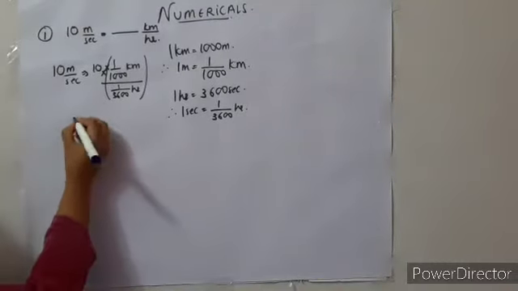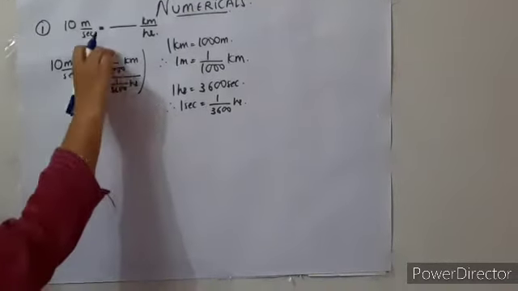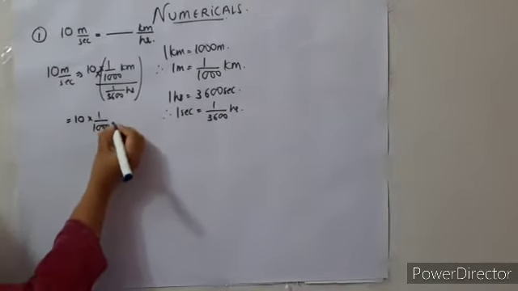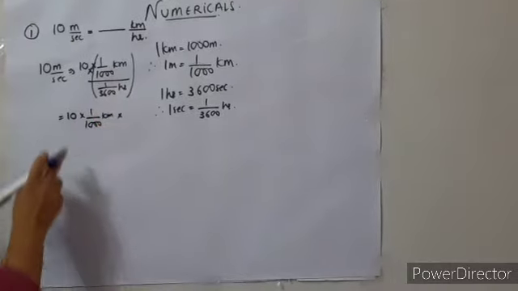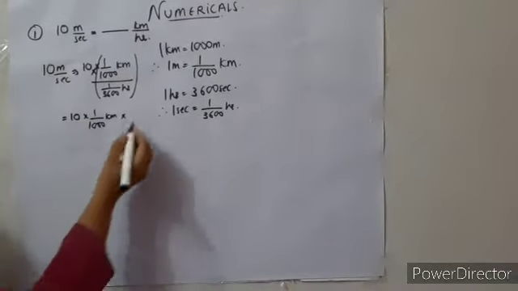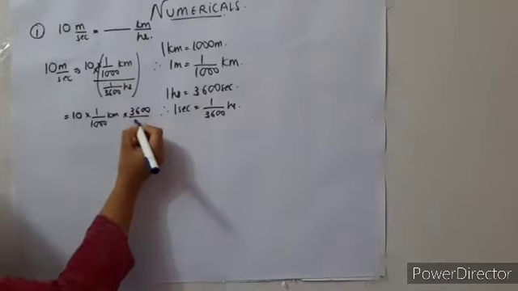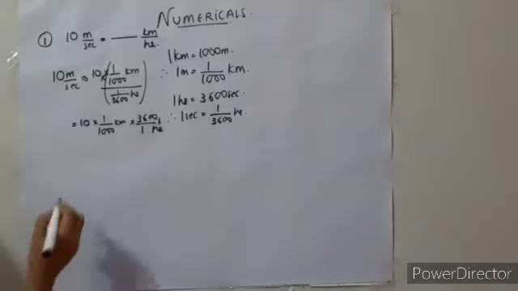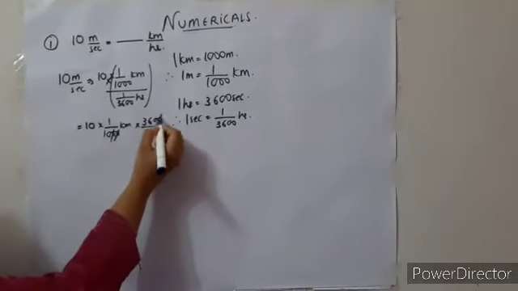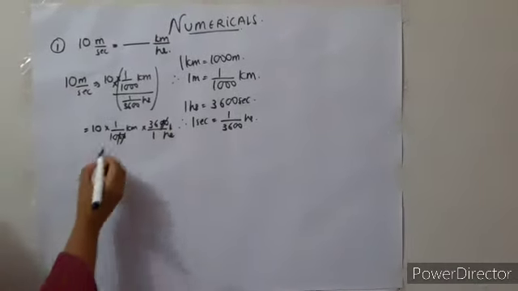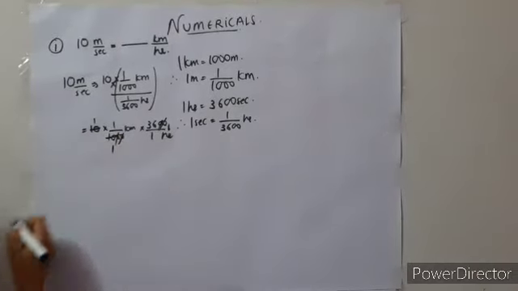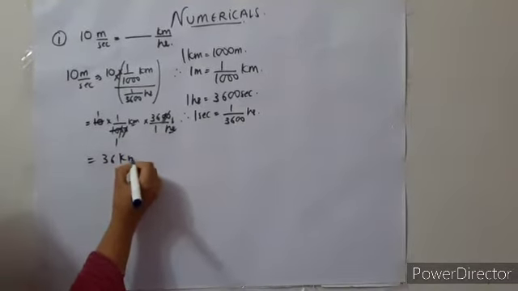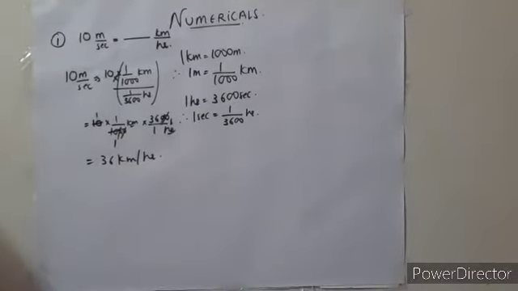Now when we solve it, we know there is a fraction over a fraction, so this will be 1 over 1000 kilometer and this fraction will get reversed, so it will be 3600 over 1 hour. Now when I cancel, these two zeros will be cancelled. 10 ones are 10, 10 ones are 10. So I am left with 36 kilometer per hour. So this is my answer.